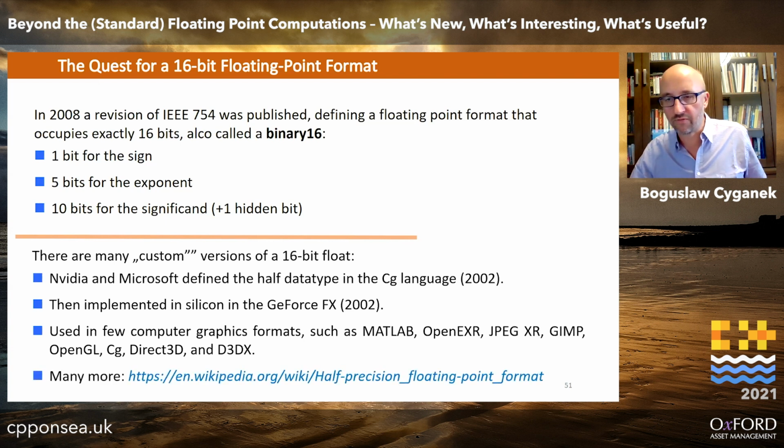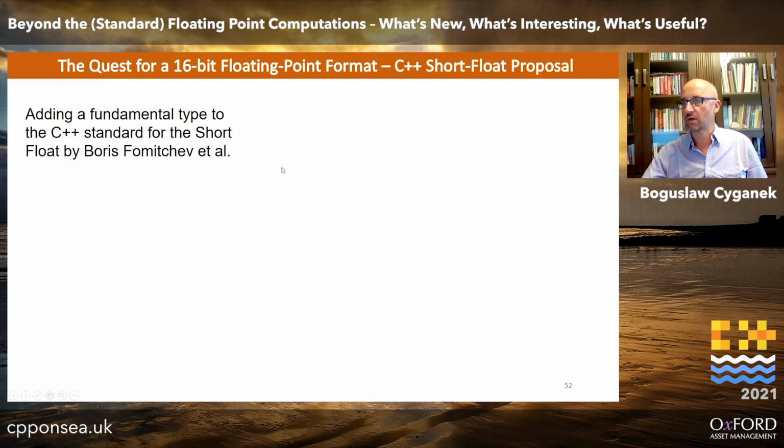And you can find many examples. But as I mentioned at the beginning, having many variants is not very beneficial because we are not compatible. So at least we know that the IEEE standard for more than 10 years has binary16 as well, so we can use it, but it is not a standard type in C++.